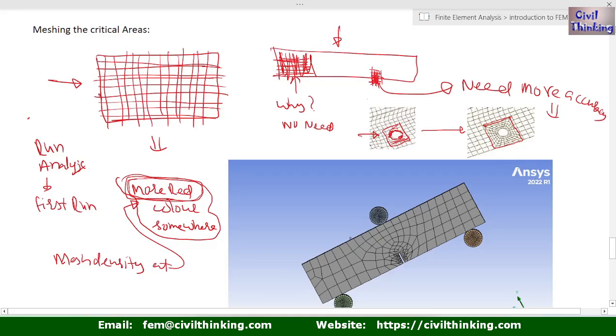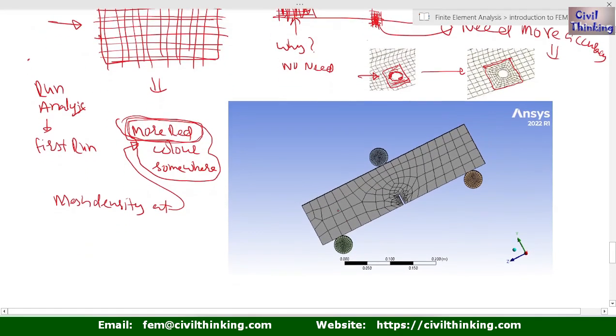Similarly, for example, I have done this for one of my clients. I have done this analysis in ANSYS and it was a 3-point bending test. It was basically a beam with a notch and we needed to find the compliance and the stress.